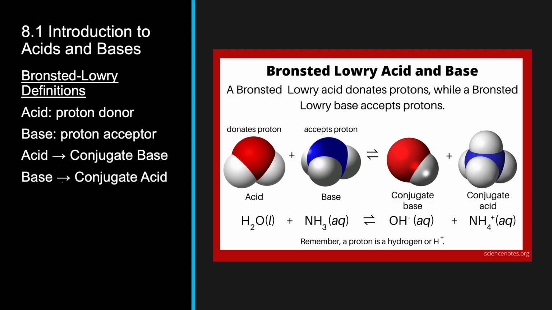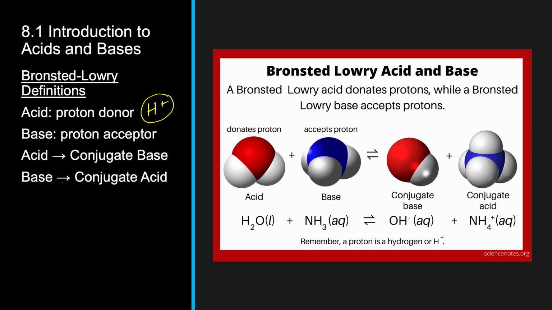Remember, when I say proton, that is denoted by an H plus. We know that because a neutral atom of hydrogen has one proton and one electron. That plus charge there means that we lost an electron, which means we're only left with a proton. So that is why we use H plus to denote a proton. And then a base is a proton acceptor.